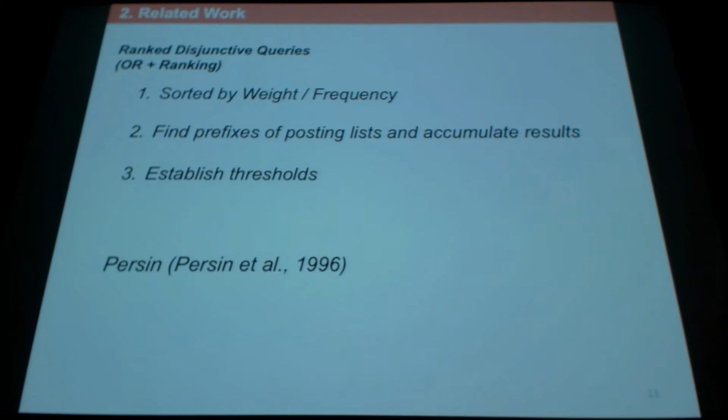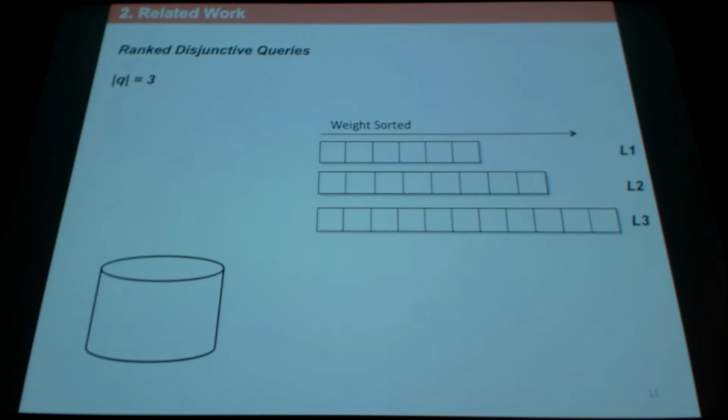So this is from 1996, Moffat and Zobel, a paper from the University of Melbourne, if I remember correctly. So this is how it works. Let's say we have 3 posting lists and they're weight sorted, right? So these are also sorted by the ones that have higher frequency. Let's say that we get the first element of the first posting list and add it to an accumulator. And then we can probably add all of them to this accumulator.